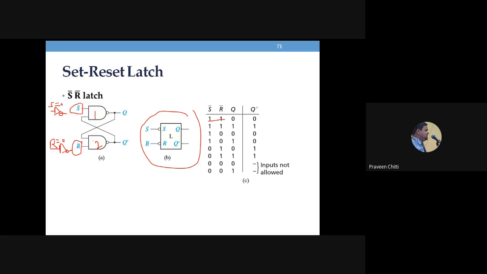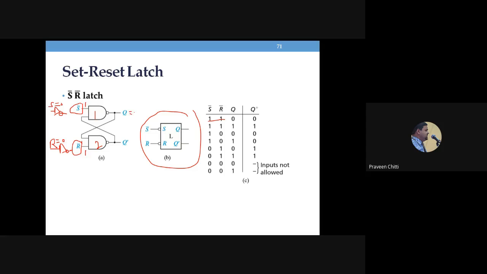So now if I give S equal to 0, R equal to 0, S bar and R bar are 1, 1. The moment you see 1 as an input to the NAND gate, we will not be able to decide its output unless we know the other input. The moment you see 0 as the input, you can give the output. But when you see 1 as the input, we will not know its output.